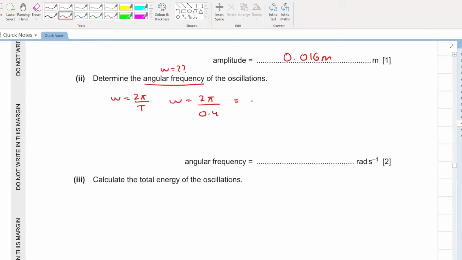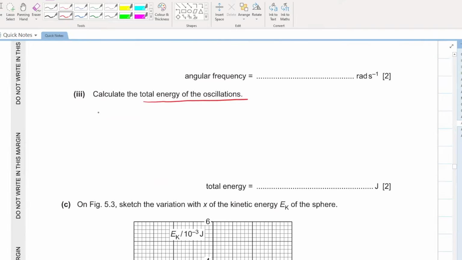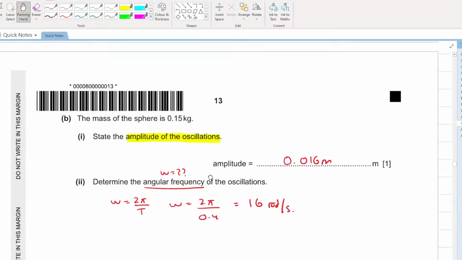16 radians per second. Now you have to calculate the total energy of the oscillation. Again, very easy. Do you remember the formula of total energy? Total energy is equal to 1 upon 2 m w square x naught square. Do you have W? Do you have mass?